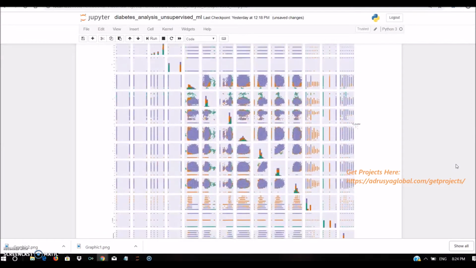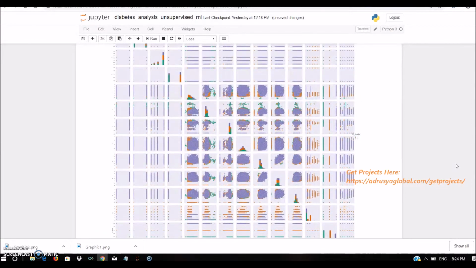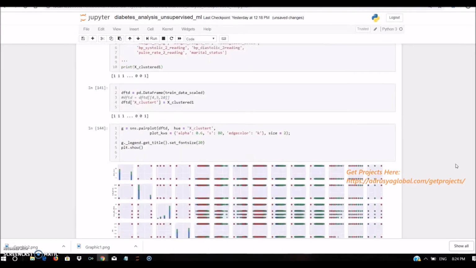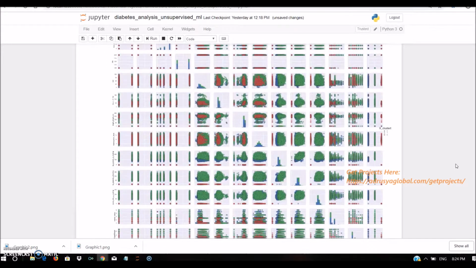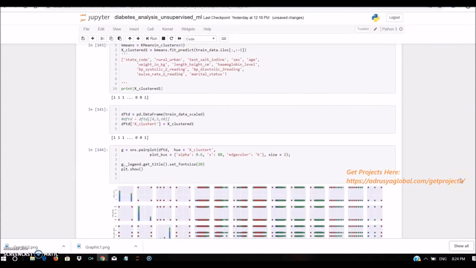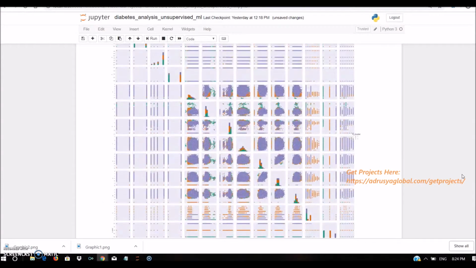Then without PCA, directly applying the k-means on the scaled, that is normalized, data, we have plotted the graph again, and this is the graph for that. This also shows us the clusters, and this is with the PCA. This also shows us the clusters.